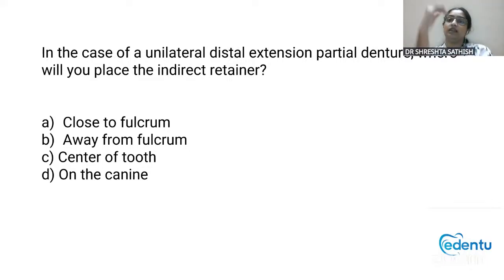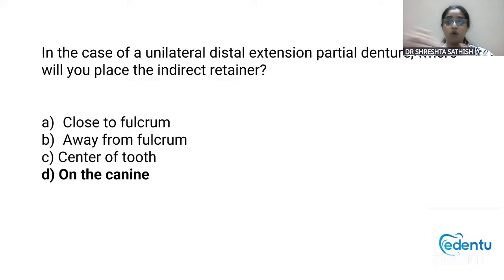If you see, in most unilateral distal extension cases, the point away from the fulcrum will always fall on the canine or the first premolar. All right. So in this case, the most ideal answer would be to place it on the canine. It is correct. Away from the fulcrum is correct. It is not that it's wrong.